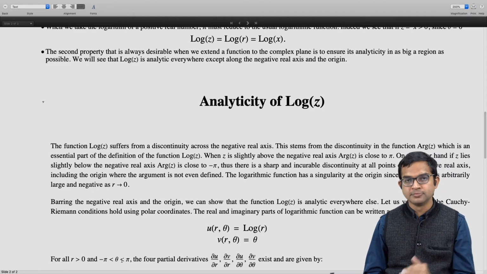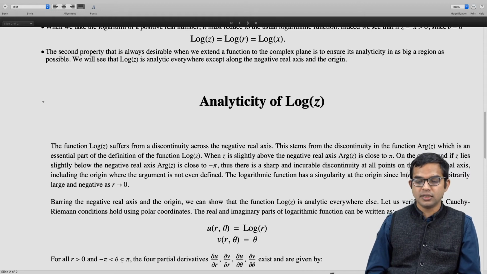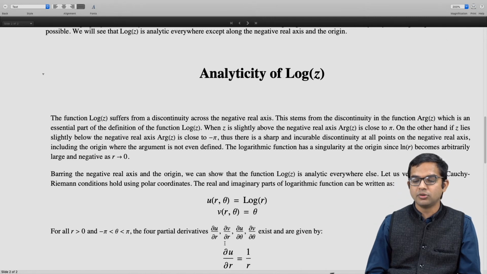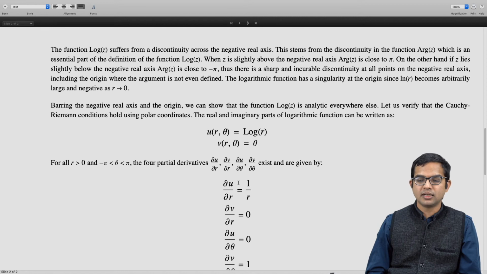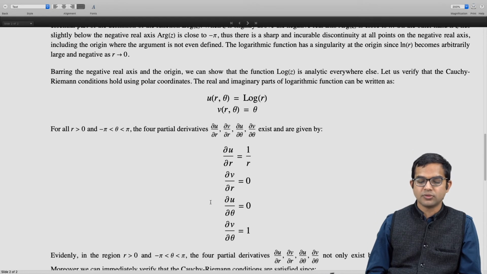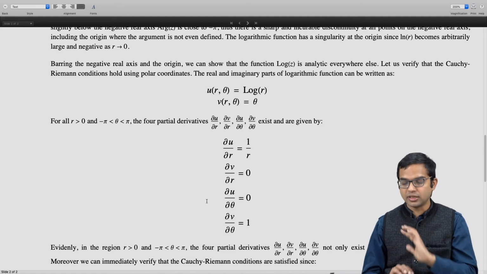Everywhere other than this line which goes from 0 to minus infinity, these four partial derivatives, dou u by dou r, dou v by dou r, dou u by dou theta, and dou v by dou theta, exist, and they are given by these nice smooth functions: 1 over r, 0, 0, and 1. So in fact they are extremely well behaved. Not only do these four partial derivatives exist in this region, but they are also continuous functions.